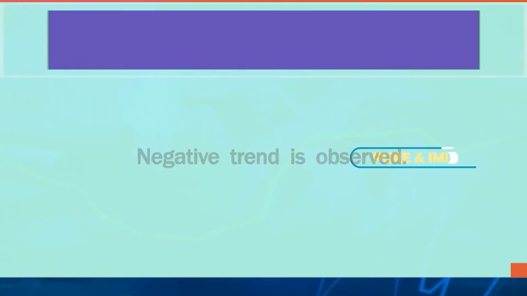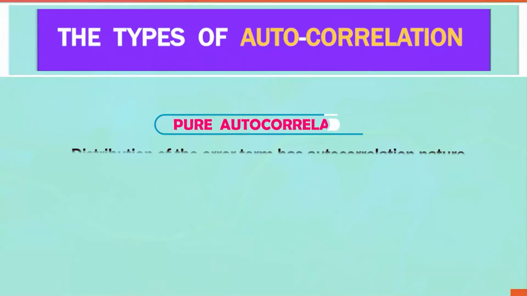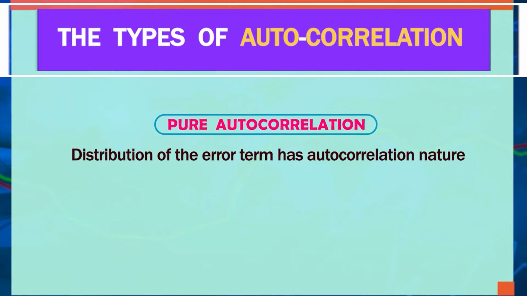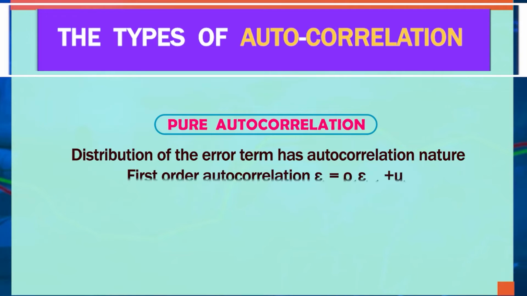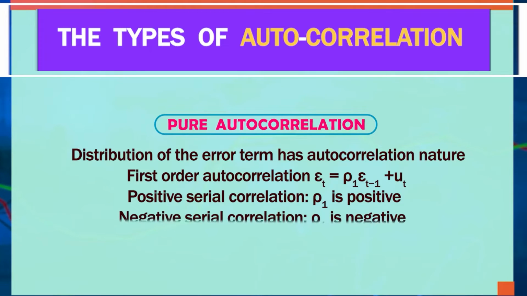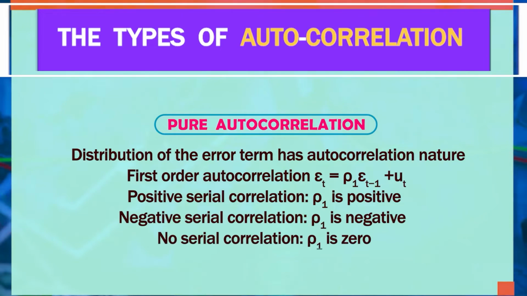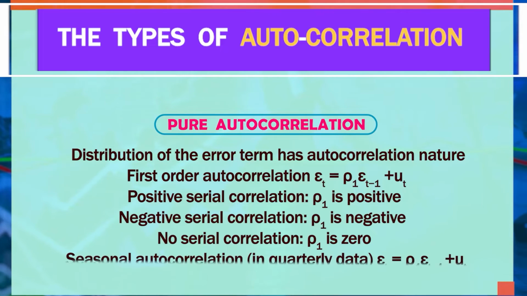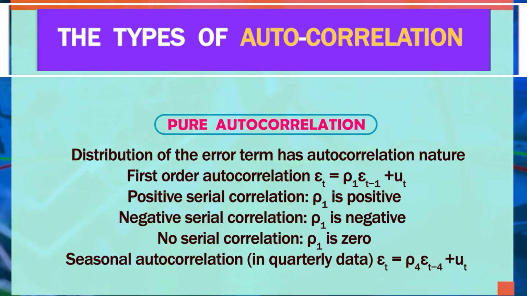Moreover, we can have two more defined types, which are pure and impure. By pure autocorrelation we mean that the autocorrelation is of first order, which means the error term in the time period t is dependent upon the error term in the previous time period with a coefficient which is called ρ1, and this ρ1 is called the autocorrelation coefficient because it captures the correlation between the error term of the current period with that of the previous period.